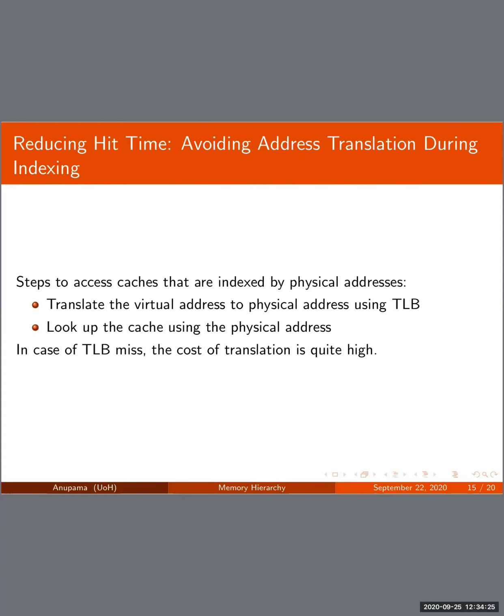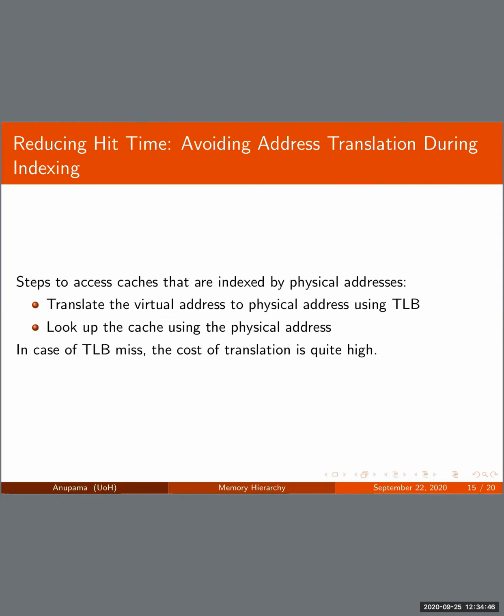Now you can speed up this translation from virtual to physical address by using the TLB, which is the cache for the page table. We had discussed this a few classes back. Then after you translate from virtual address to physical address using the TLB, use the physical address to look up the cache.